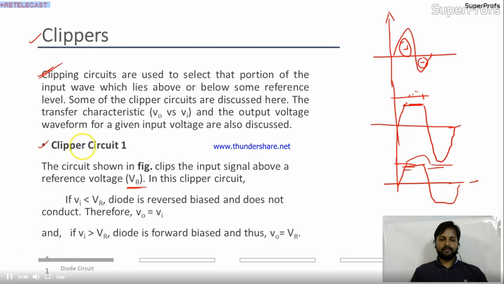Come to the part for clipper circuit 1. The circuit is shown in the figure, and our task is to clip the output above VR. For that, this is the first condition: if Vi is less than VR, the diode is reverse biased and does not conduct, therefore V0 equals Vi.